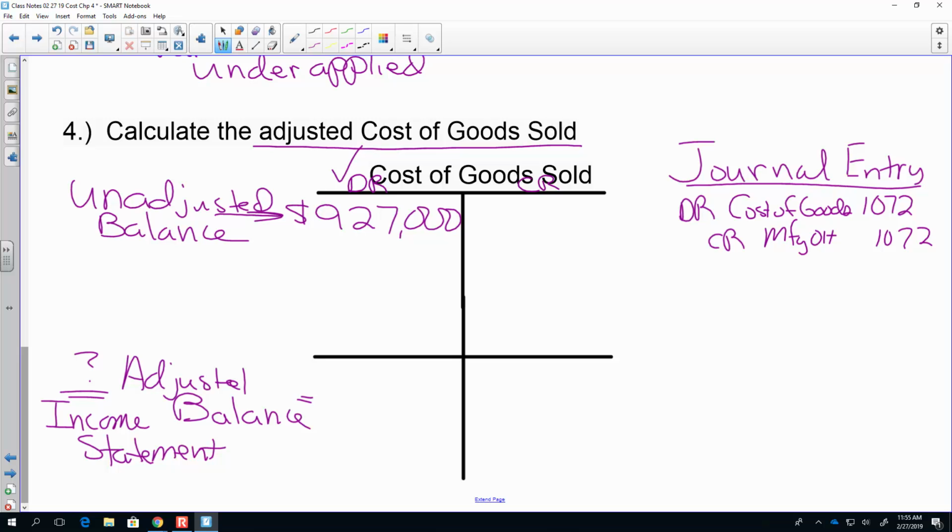And I'm going to increase it with another debit entry to give me 928,072, which shows up on my official income statement that I give to the IRS, that I give to the bank. Right? Usually the bank gets your statement, unless you're cash rich and you don't need the bank. That is very rare. Right? So that's the end. Okay?